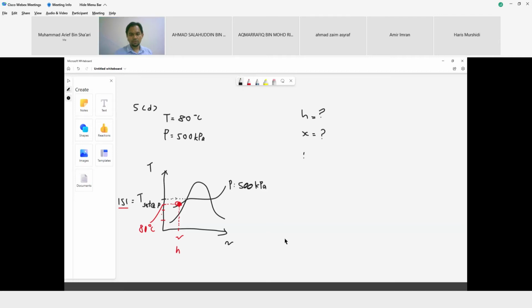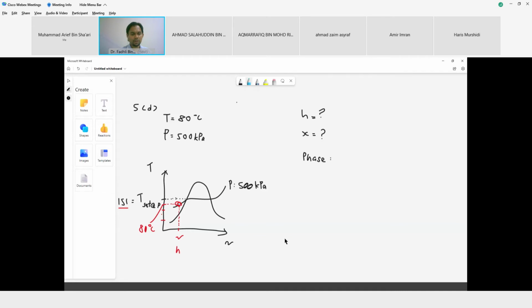And last one is phase. So back to our diagram. Look at our diagram. Find the phase. So if you look at our diagram, the position is here.